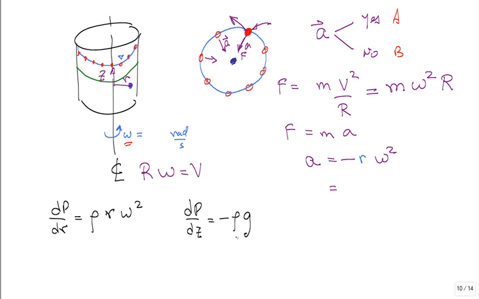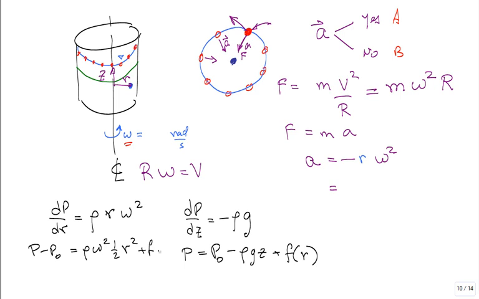All right? So if you separate and integrate this term, you get that P is equal to some P naught minus rho g z plus any function of r. And then over here, what do we get? Separate, integrate, you get one half rho omega squared r squared is P minus P naught, plus any function of z.